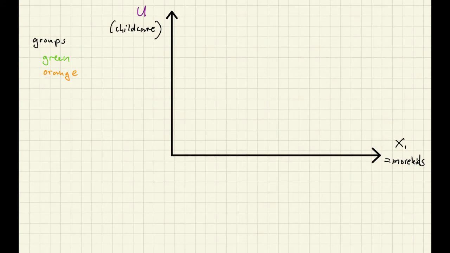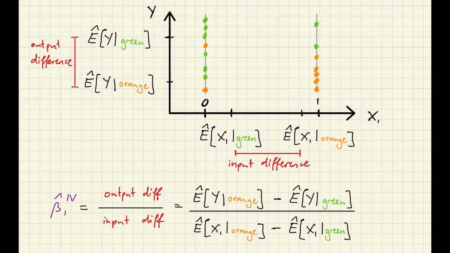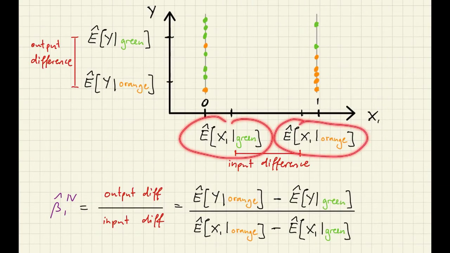For the members of the population who are assigned to the green group, what is the average level of more kids? Let's suppose it is this. The average value of more kids given that you are in the green group. And the corresponding average level for the orange group is here. These two population values can be estimated in a sample by the corresponding sample averages.